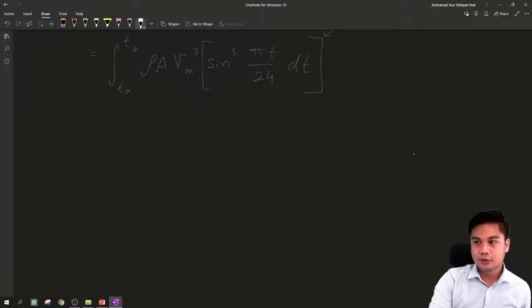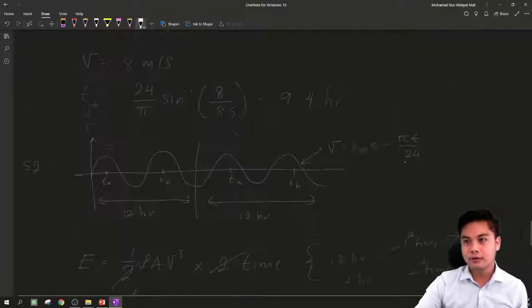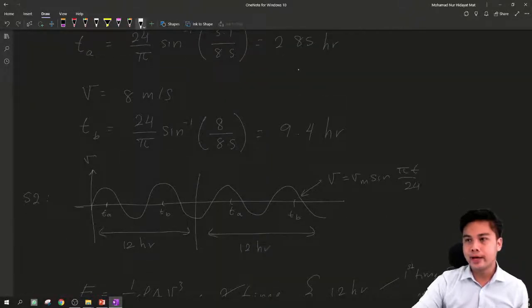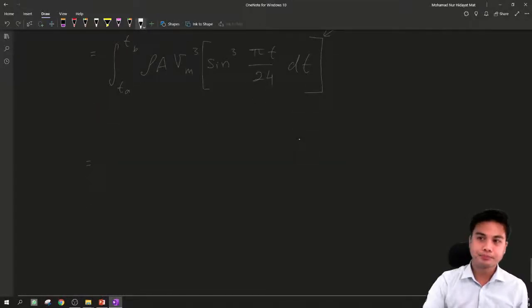Remember TA that we found earlier is 2.85 and TB is 9.5 hours.